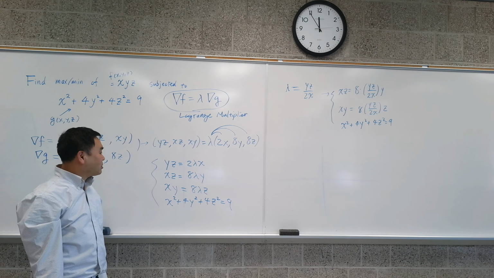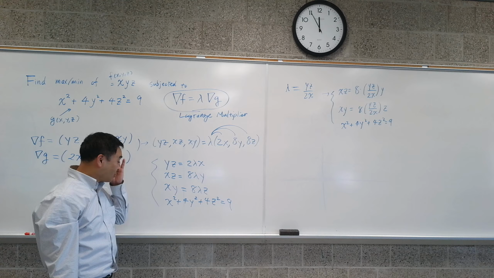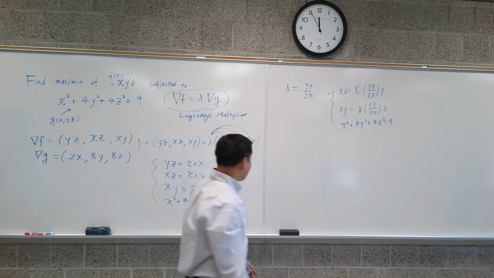If x is 0 and say y is 0, this is satisfied automatically. But then when x and y are both 0, z is going to be 0 as well, unless lambda is 0. So you do get a case that should be considered separately.